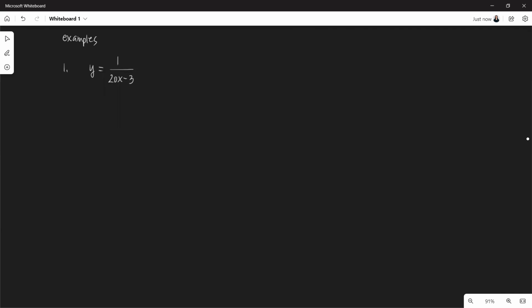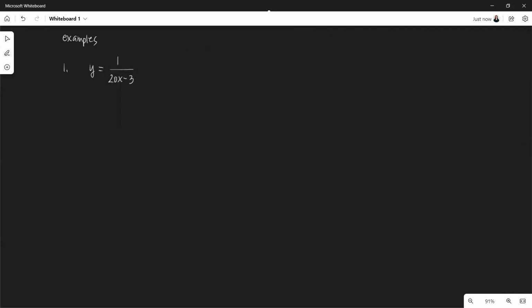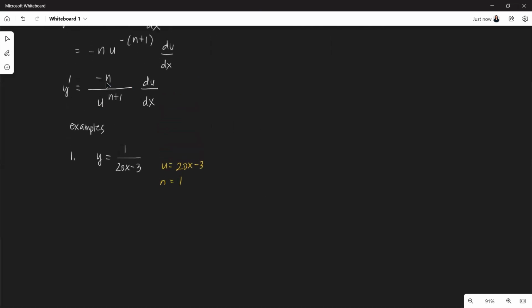So this can be expressed here as u to the power of n, where n is 1, because it's just a linear function. So the u therefore is 20x minus 3, and our n is 1. So that we can use this formula.